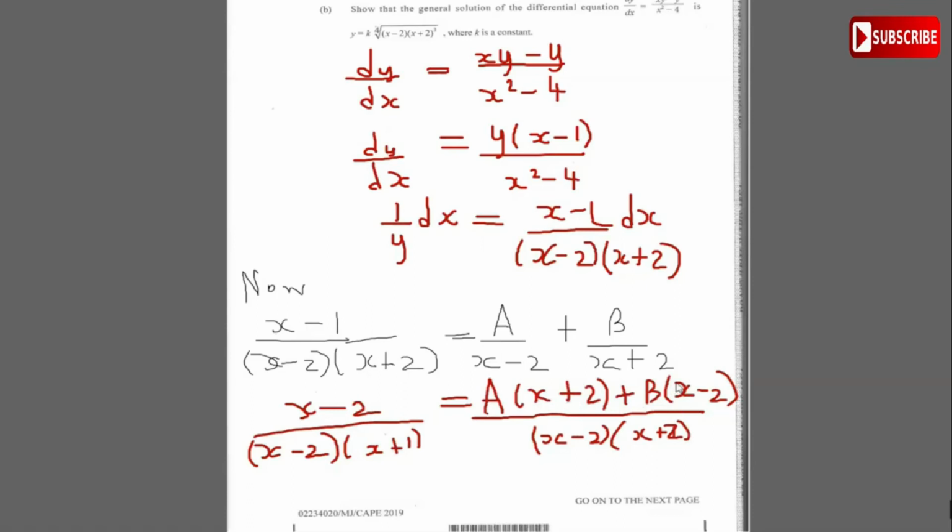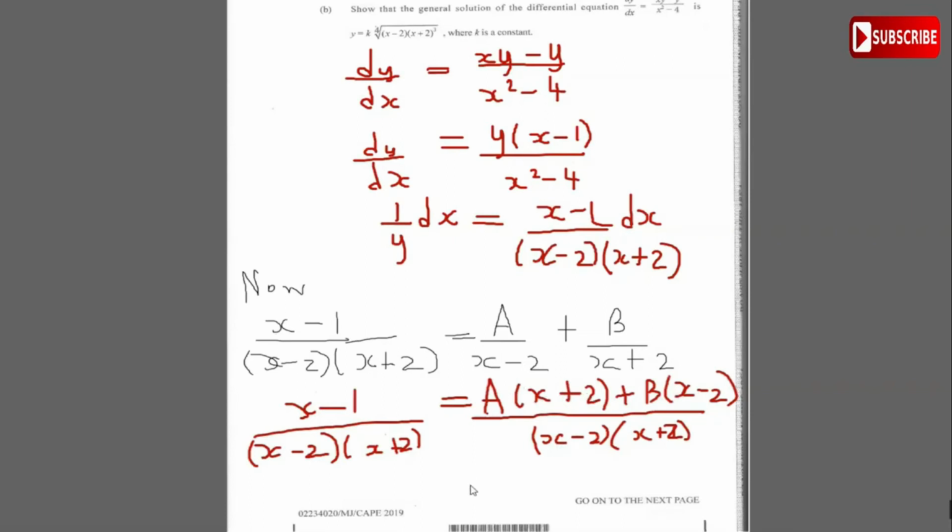If x is 2, then x minus 2 is 0, and x plus 2 is 4.